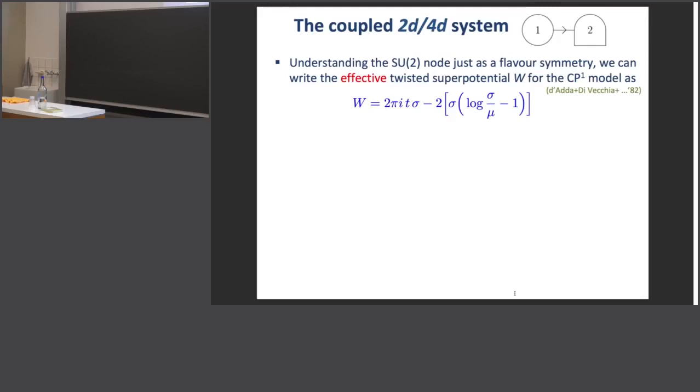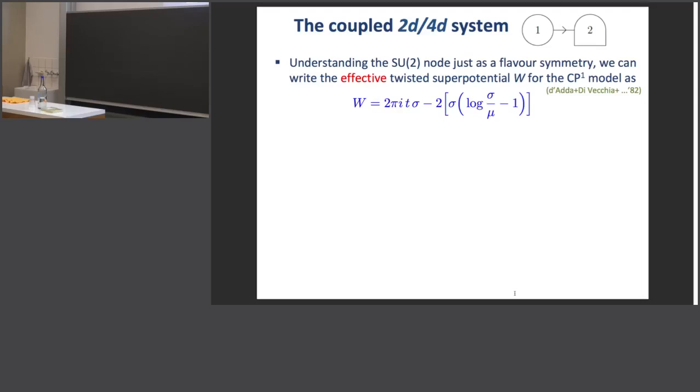If I treat the SU2 just as a flavor symmetry without mentioning its four-dimensional nature, then I can go to the old literature and see that the effective dynamics of this theory is described by the twisted superpotential, which was worked out in the 80s by Dada, Di Vecchia, Davis, and others, by generalizing the anomaly argument of Veneziano-Jankielowicz in four dimensions.